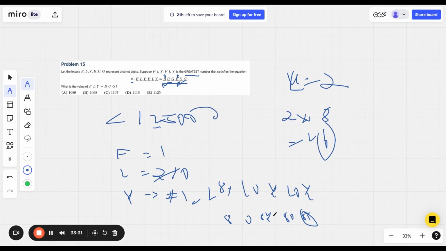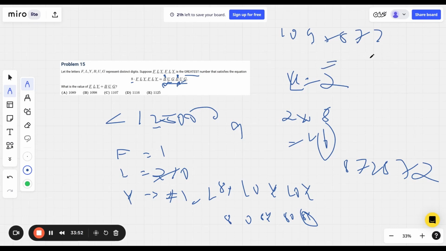And it basically really doesn't matter how we set Y. As long as we set it as big as possible, digits passed over will still be the same. So if Y equals 9, 9 times 8 equals 72, 872. And the value of FLY plus BUG, which is 109 plus 872 equals 981.